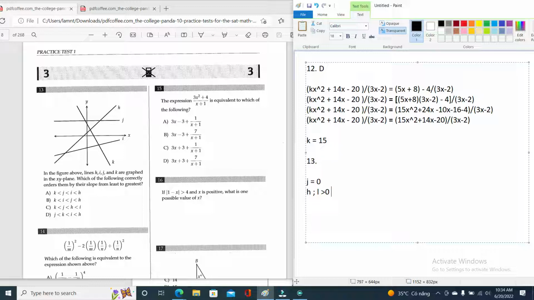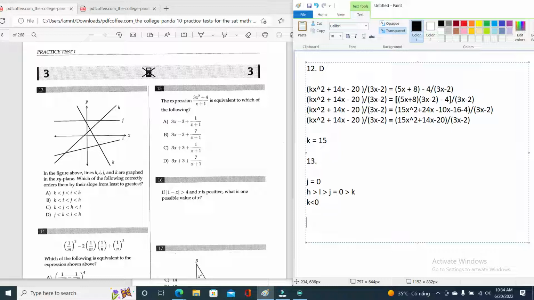In this case, the slope of h is bigger than the slope of l. Alright, so this can be written this way. j is equal to 0, and we know that the slope of k is negative, so j is bigger than the slope of k, because the slope of k is a negative slope.